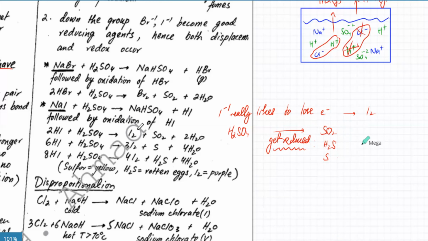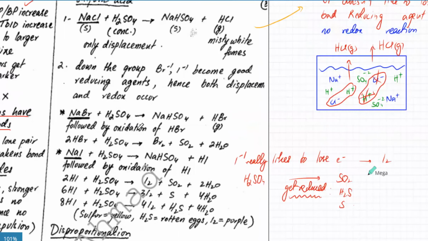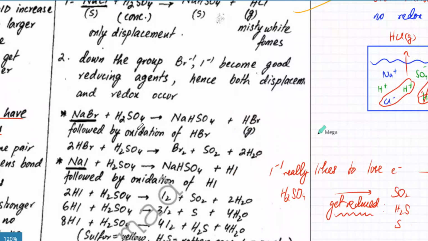And one thing that you need to know about this is that Br-1 and I-1 are good reducing agents. But if somebody is losing electrons, the other substance must be the one that would be gaining electrons as well. So it's a two-way reaction. Redox reactions are always two-way.